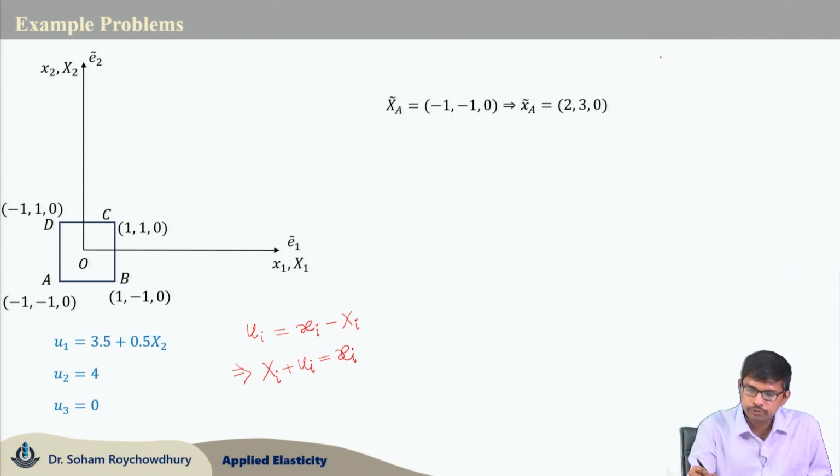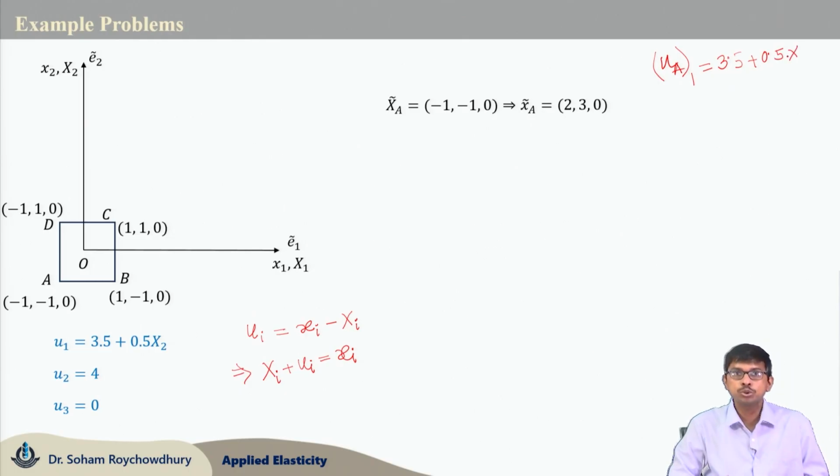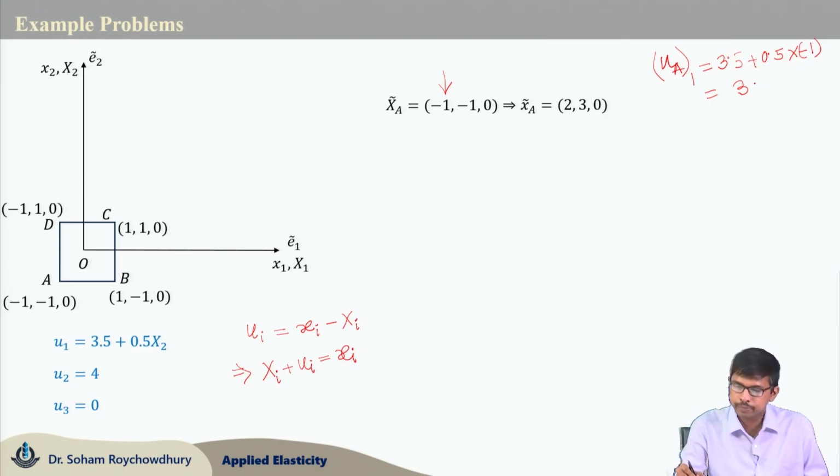How is it coming? If you consider u of A, the displacement of point A, the first component is 3.5 plus 0.5 times X2, the second position component for point A, which is -1. So, this would be 3. -1 was the undeformed coordinate, and the corresponding displacement is 3. If you add both of them, you get 2.